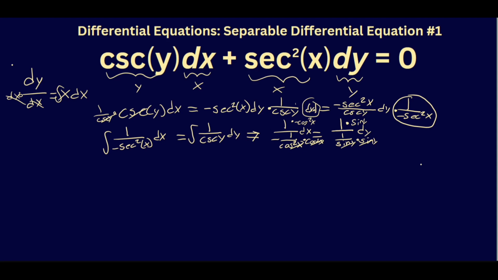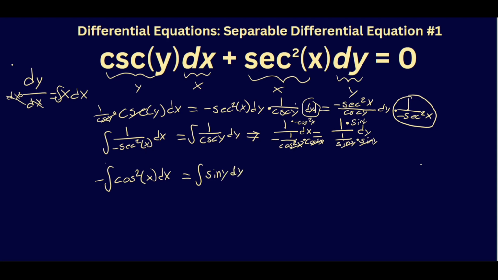And then the top now becomes a little bit easier to work with. So we have the integral of negative, and let's just move that negative to the outside, the integral of cosine squared x dx, so that looks much easier to work with. And if you think that's easy, look at this, equals the integral of sine y dy.